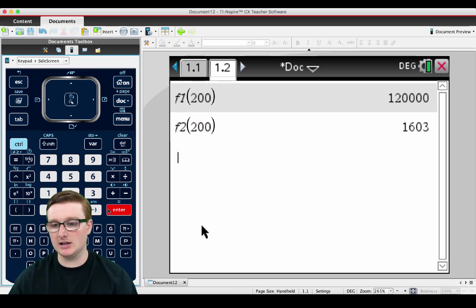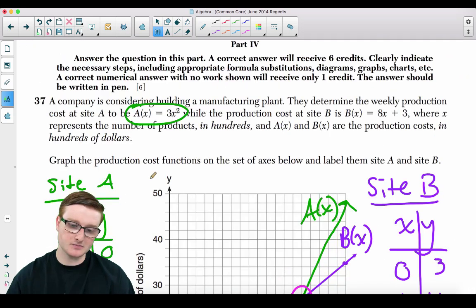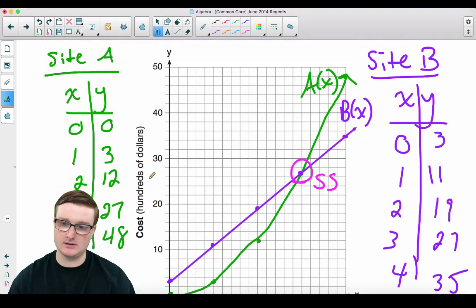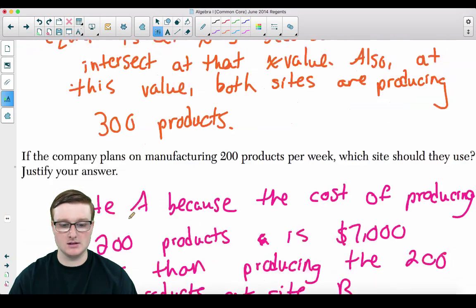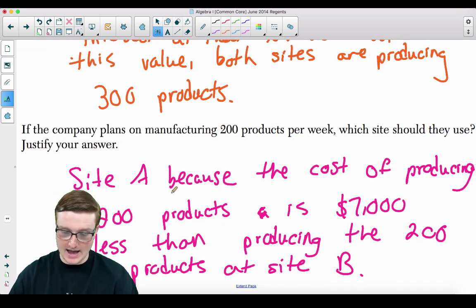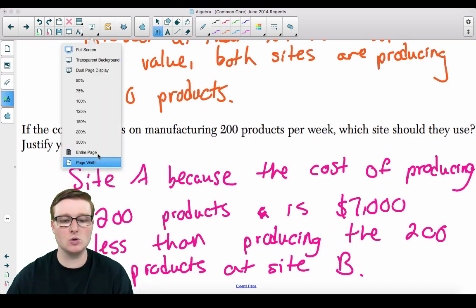Oh, I'm sorry, those are the number of products. So the cost, because it's saying the cost in hundreds of dollars. Yes, that would be correct. So site A, the cost of producing 200 products is $7,000 less than producing the 200 products at site B. And that is basically how you do those part 2 questions.